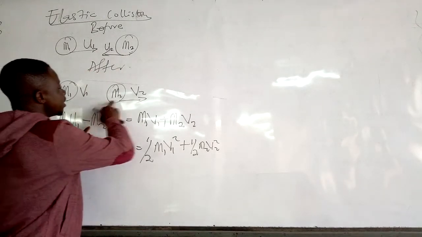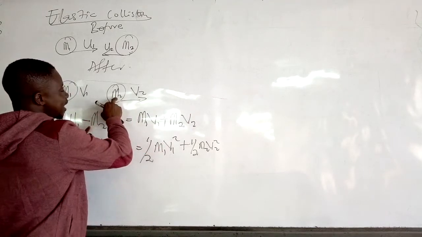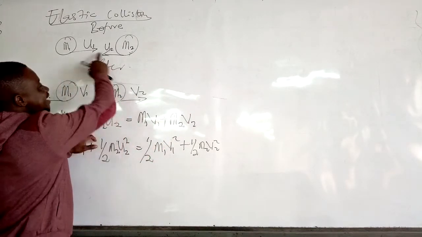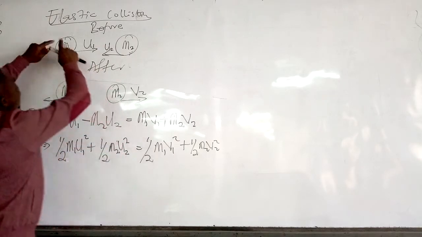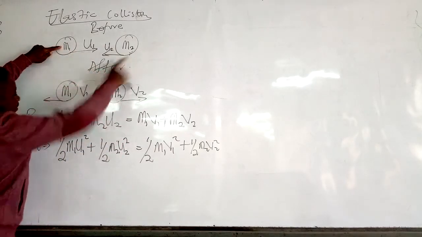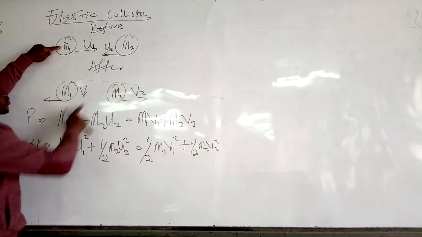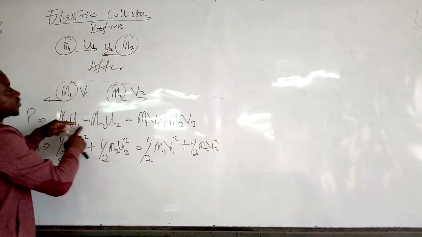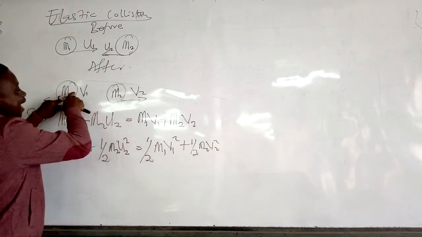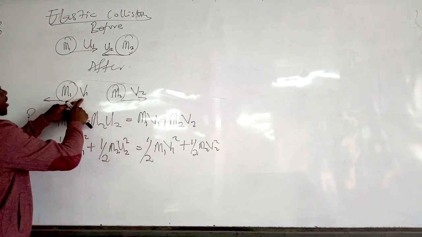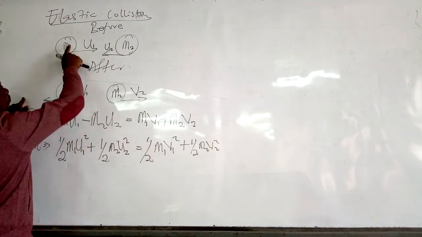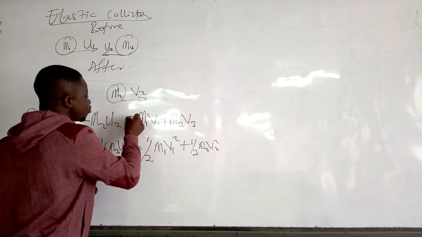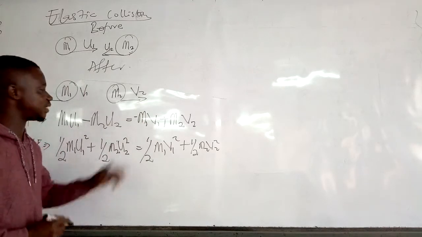So when M2 now begins to move here, it will become positive because the direction has changed. Please listen to this. When M1 is moving in this direction, its momentum is positive. When M2 is moving in the opposite direction, its momentum is negative. Now they collide and M1 changes direction and moves in the opposite direction, so its momentum will have to be negative like this.